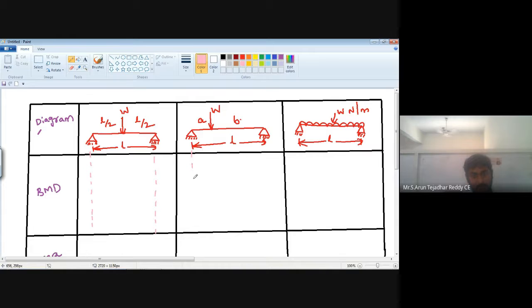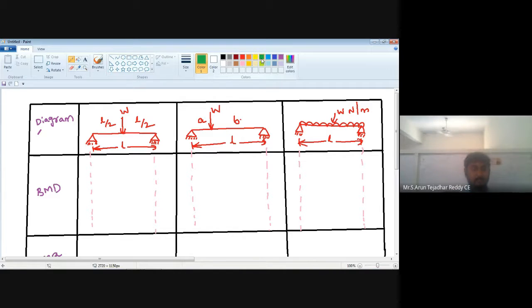Here also. Take another color, then you can easily understand which is which.